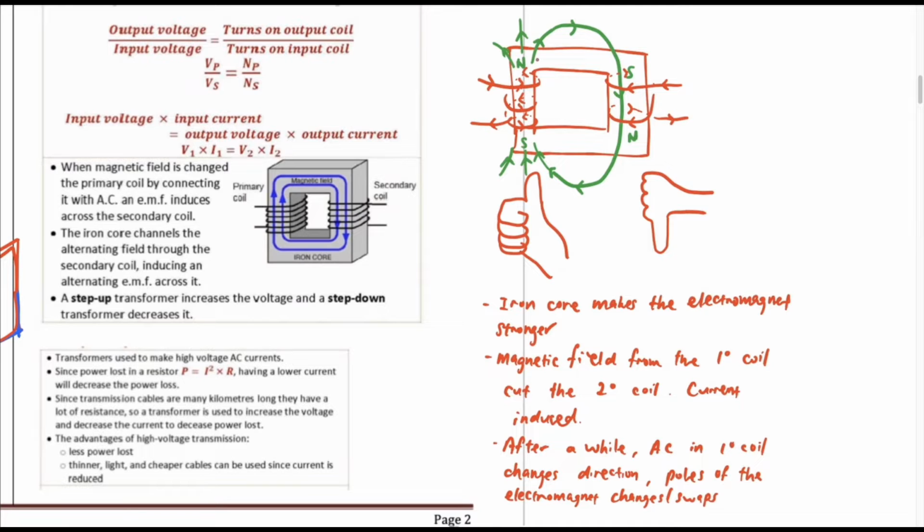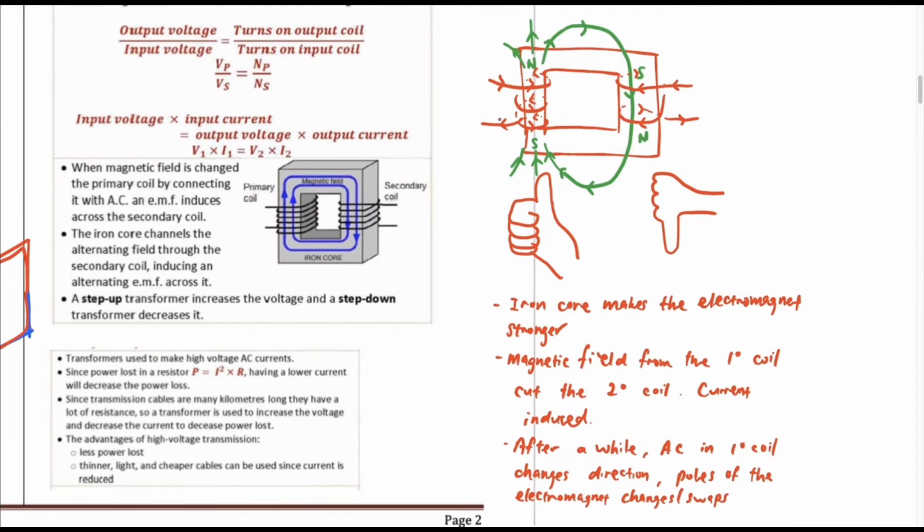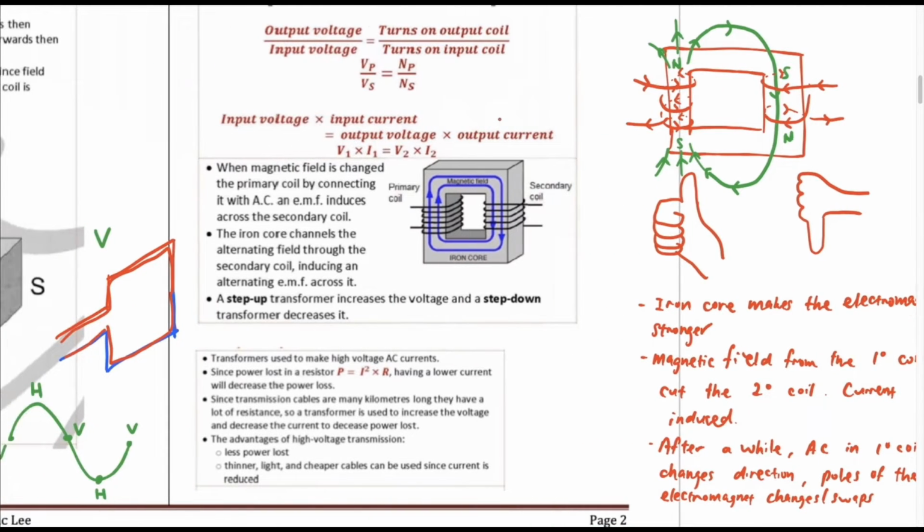So it is not a wire, it is an invisible magnetic field that cuts the secondary coil. The magnetic field appears because of the current which flows here. The current that flows in the primary coil forms the electromagnet.